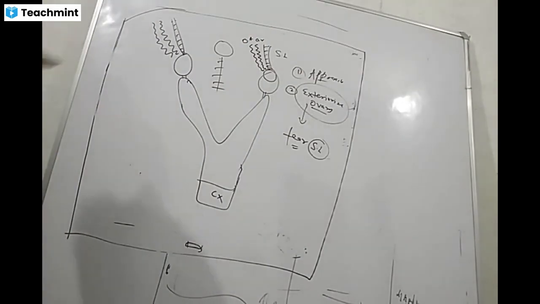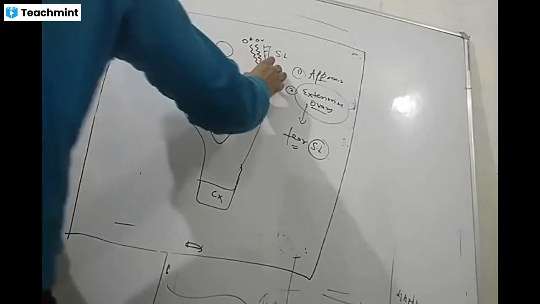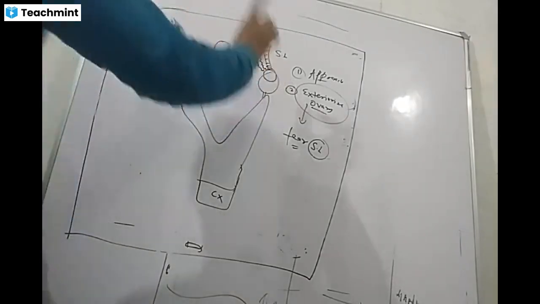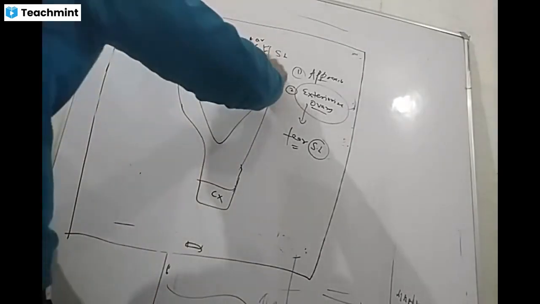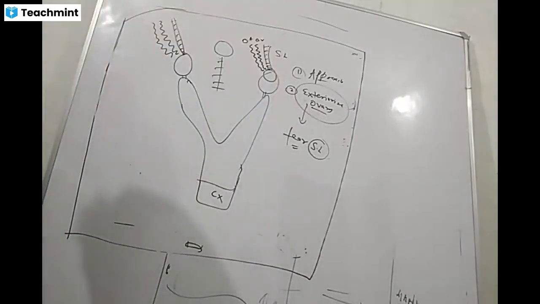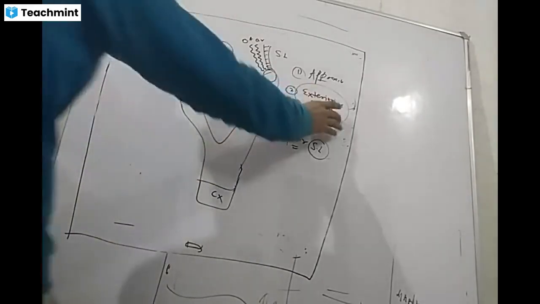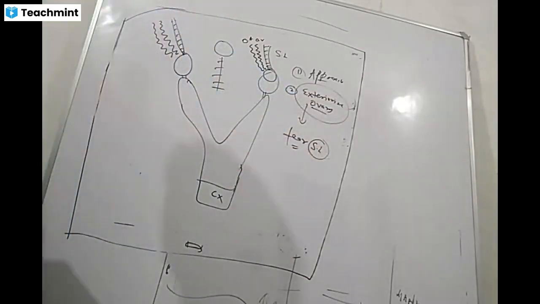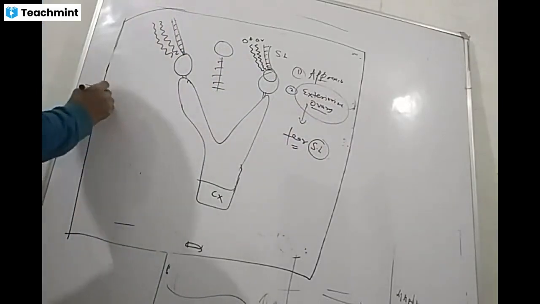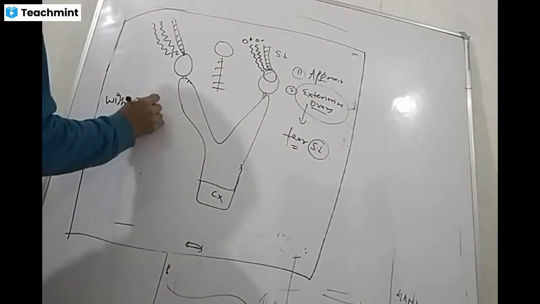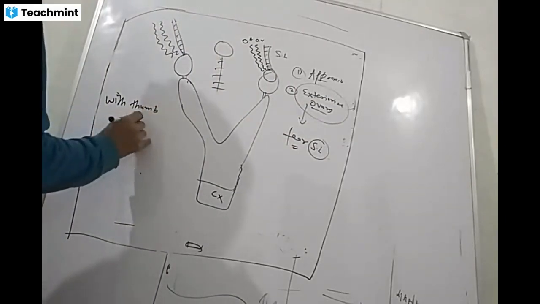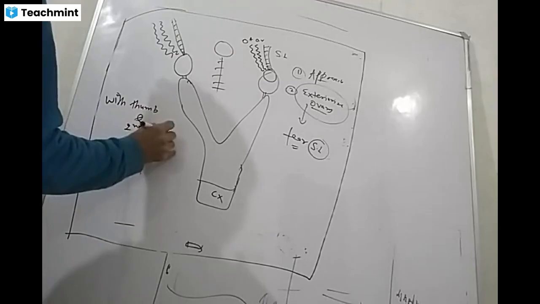These ovaries are attached to the dorsal abdominal wall through the suspensory ligament. How to exteriorize? The procedure is with your thumb and second finger, that is the middle finger.